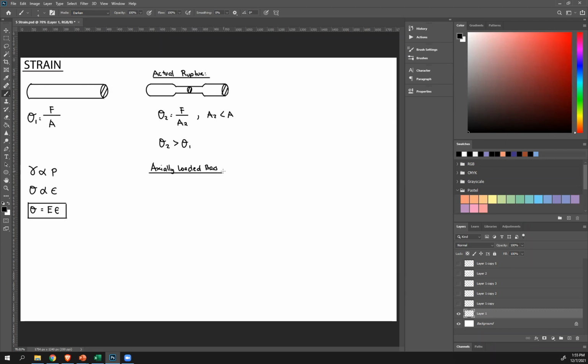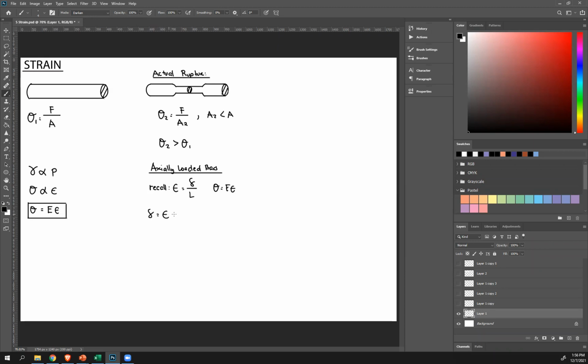Recall from the first slide that strain is deformation over original length, right? Another thing to recall is that stress equals E epsilon. From this, you can create an equation for deformation.